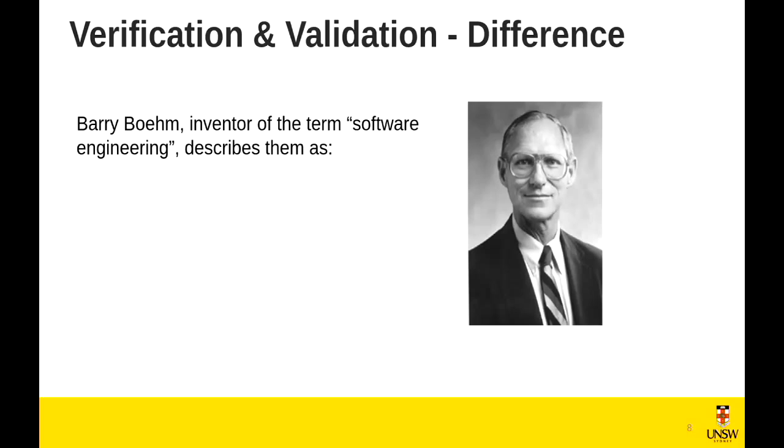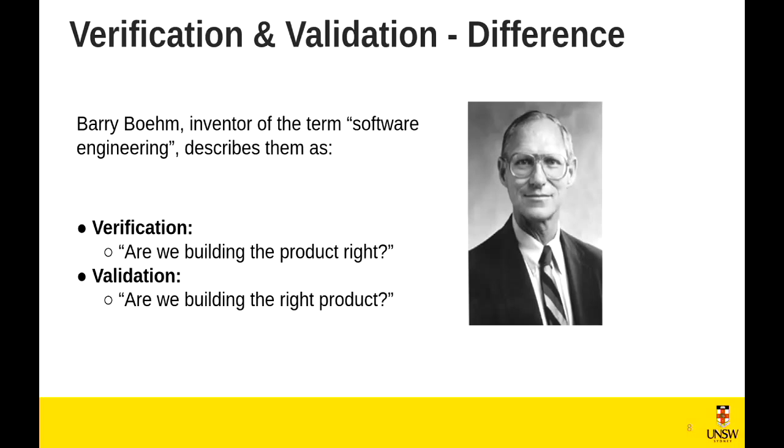According to Barry, verification is related to: are we building the product right? And validation is related to: are we building the right product? Verification is more about the process of building this software, and validation is whether this built software is functioning correctly or not.